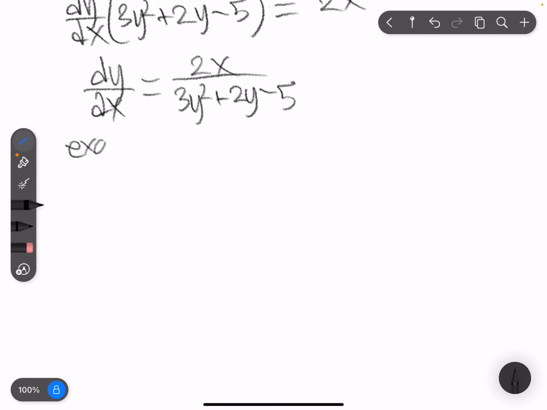Let's look at another example where we determine the slope of the tangent line.